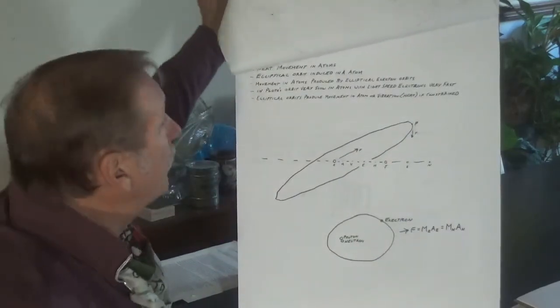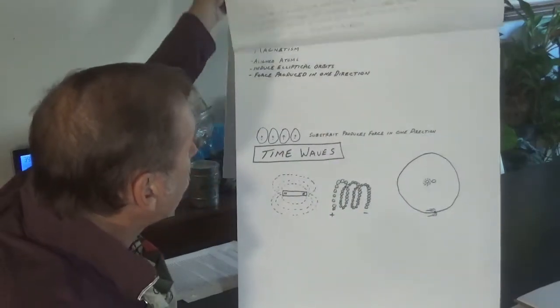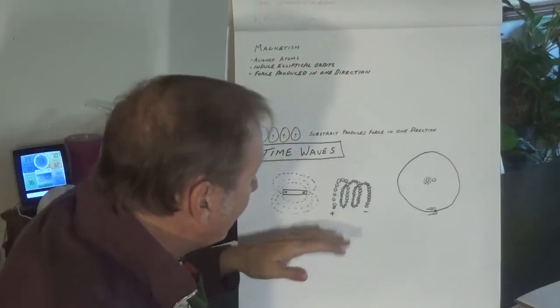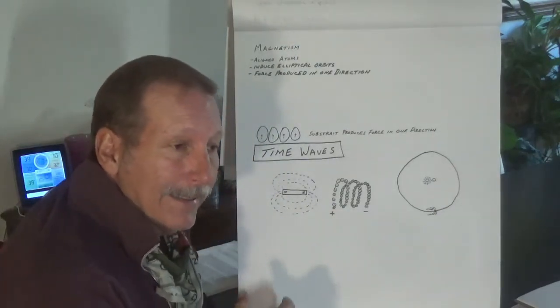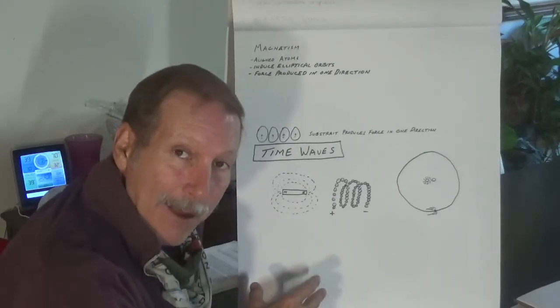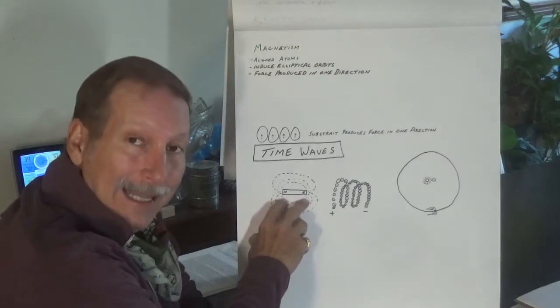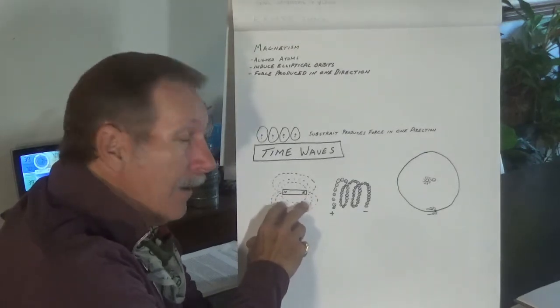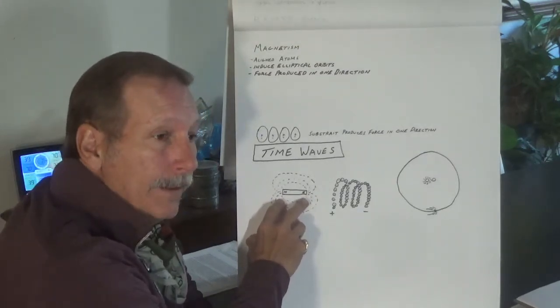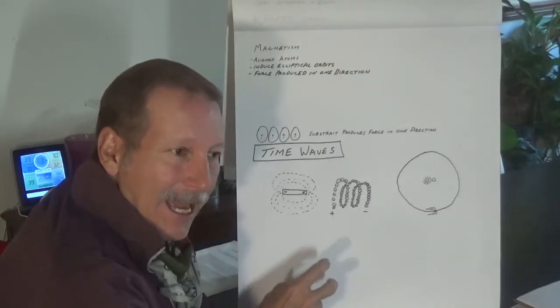We talked about magnetism, and how magnetism is actually a standing time wave on a magnet. So the magnetic lines that are on a diagram of a magnet are actually standing time waves.